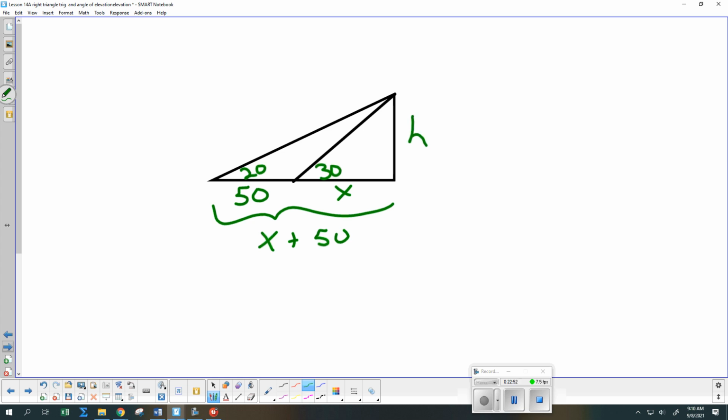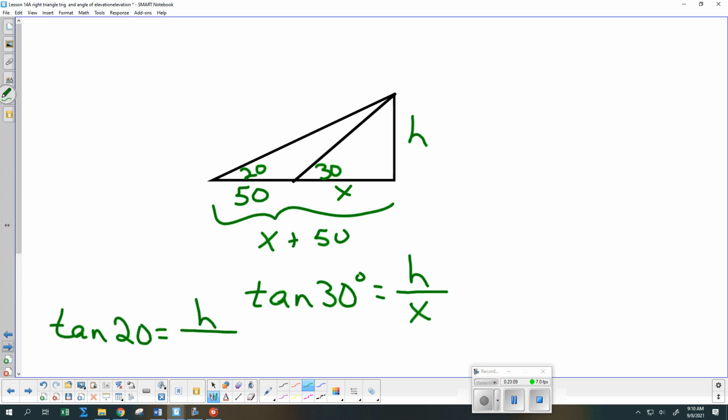So tangent, because I've got opposite and adjacent, I would say the tangent of 30 is the opposite over the adjacent. If I wanted to do the tangent of 20, it would have to be h over 50 plus x. So you can combine variables on some of these on the worksheet. You may have to be adding some things together to figure it out.